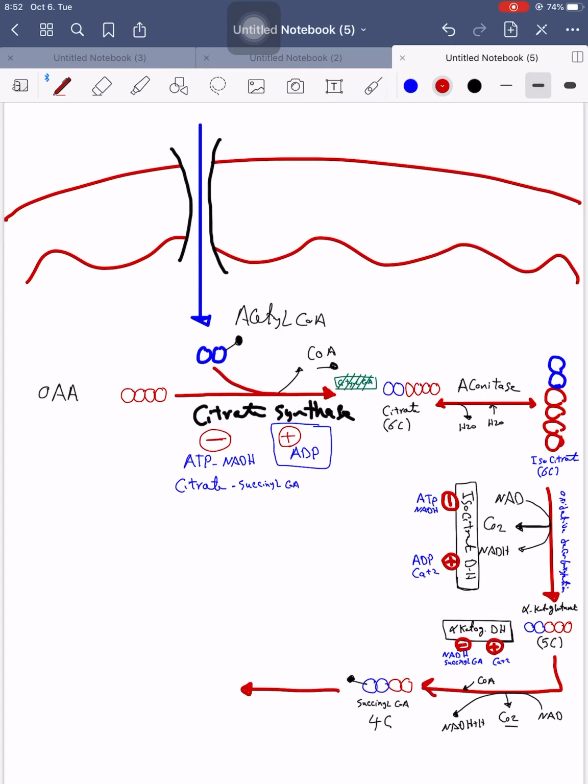So here again we still have a 4 carbon molecule, but there is no coenzyme A, so directly you expect that we kicked out the coenzyme A here. But we have one step here called substrate level phosphorylation. What does that mean?